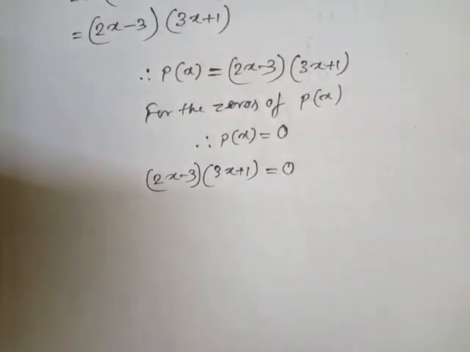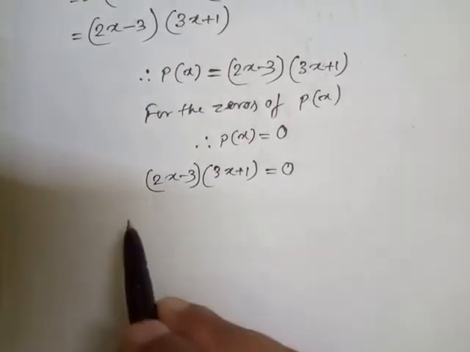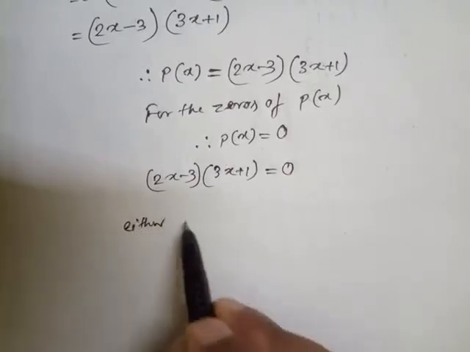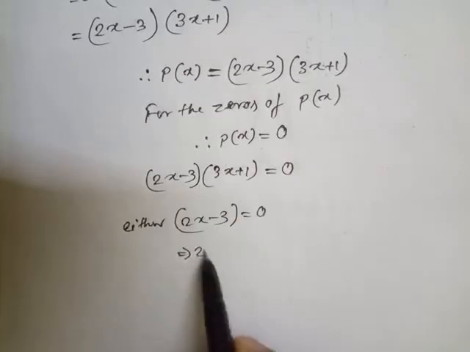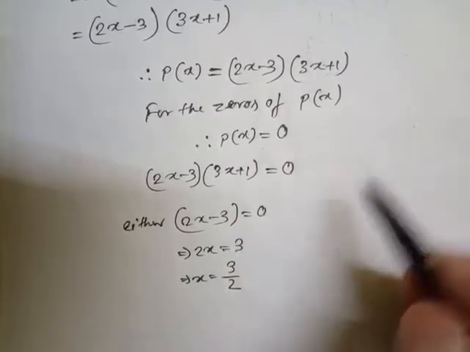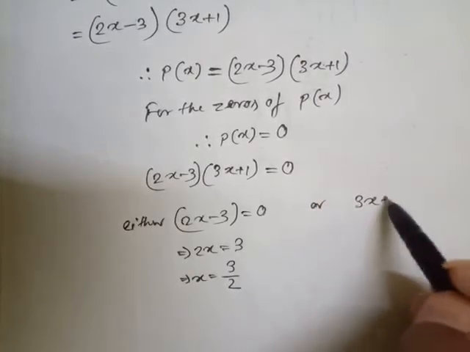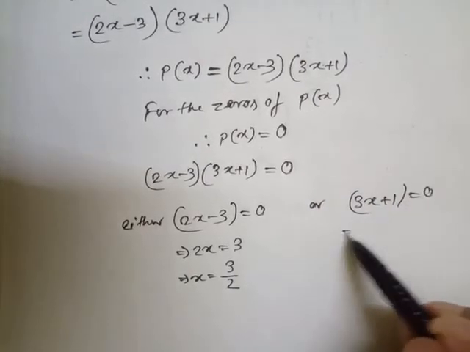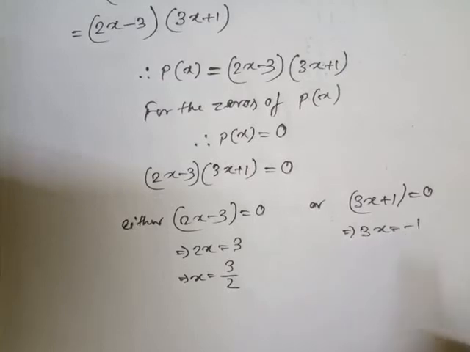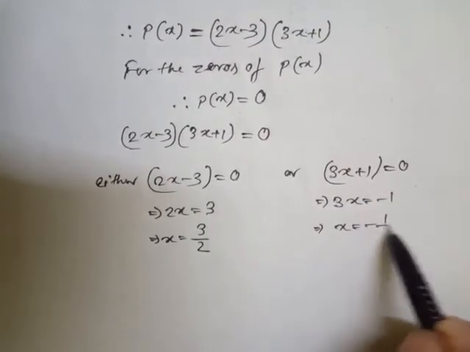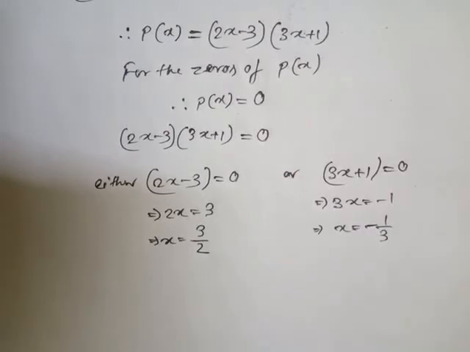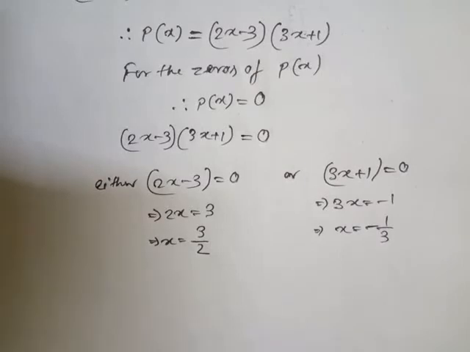Then either 2x minus 3 equal to 0, so 2x equals 3, then x equals 3 by 2, or 3x plus 1 equal to 0, then 3x equals minus 1, so x equals minus 1 by 3. These are the two zeros we have got from the equation.